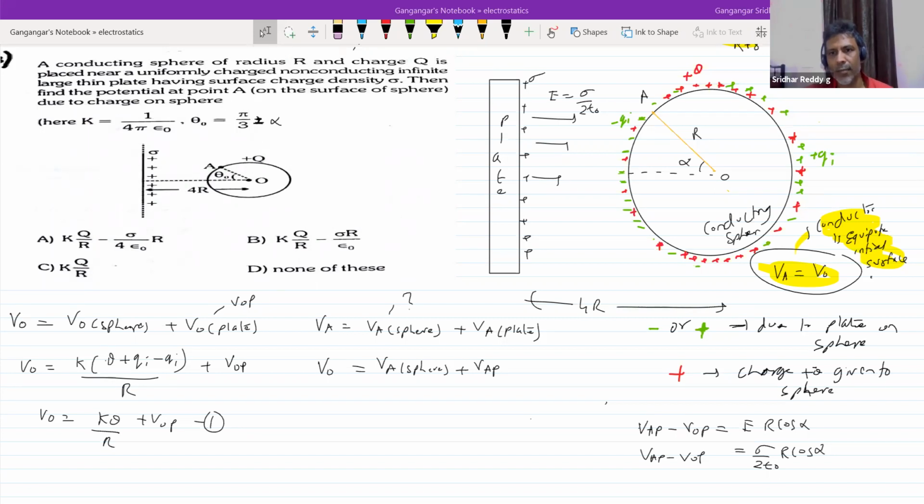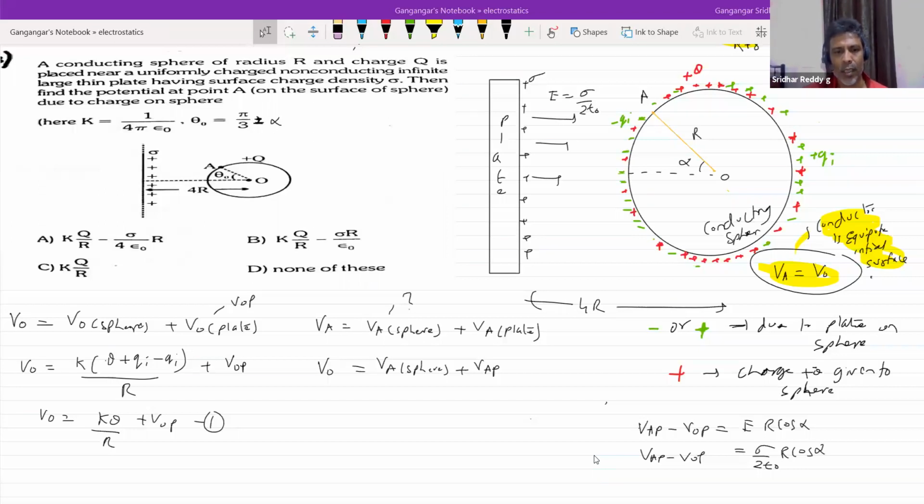Okay, look at this. VAP minus VOP. Is it okay? From where I brought electrostatics, delta V, the potential difference, is equal to E into this one. Without the sphere present, what is the potential difference at point A and O? In the absence of the sphere, it's given by this particular formula.